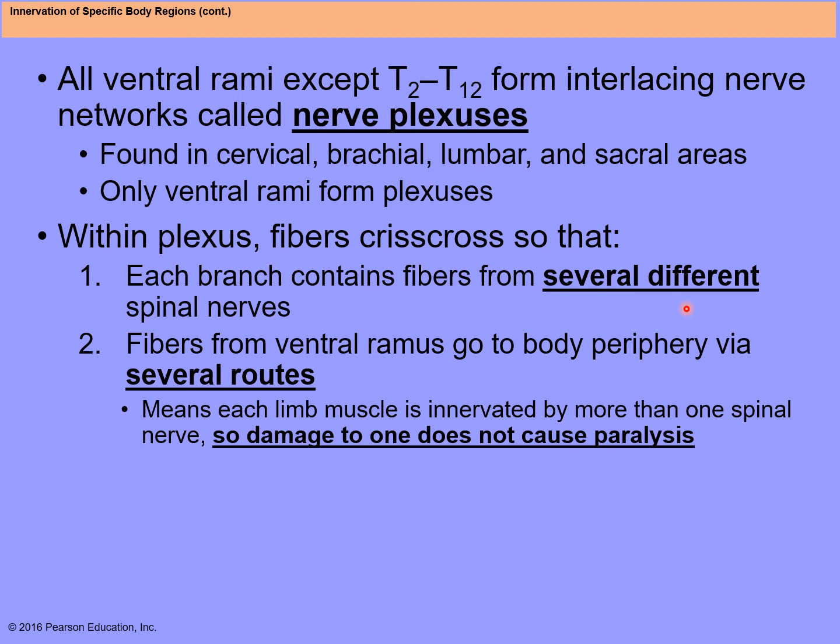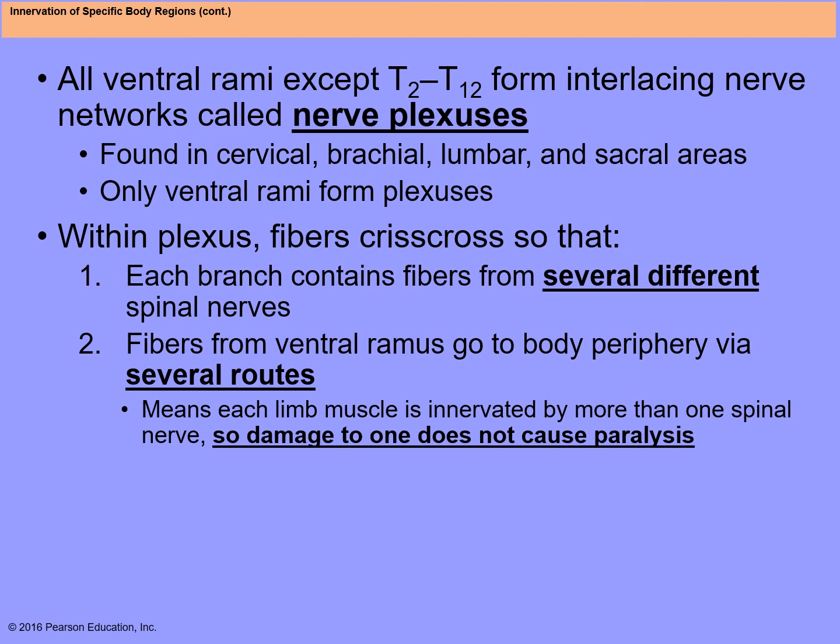You have, as I said, these nerve plexus. There's 4 main areas: the cervical, brachial, and then the lumbar and sacral areas. Within the plexus, you have fibers that are crisscrossing. This way, each branch has fibers from several different spinal nerves. It kind of ensures that you get good innervation, good communication.